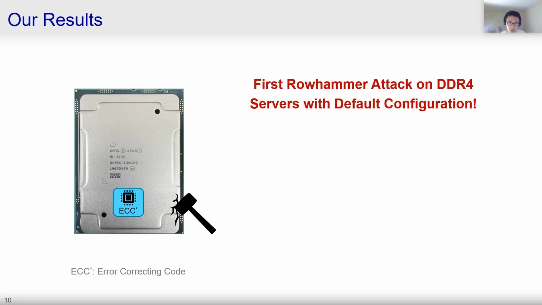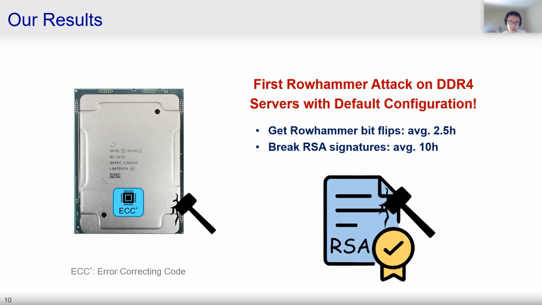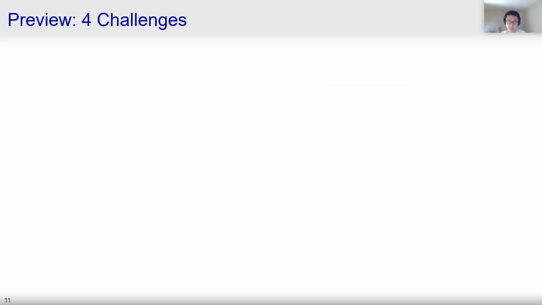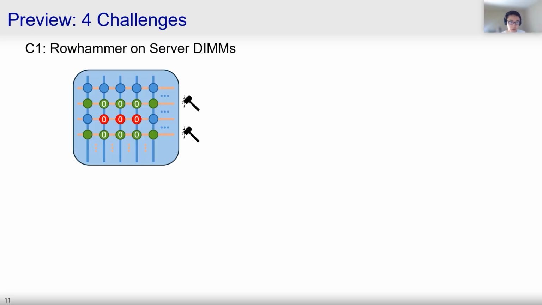What we achieved is that we can get Rowhammer bit flips in 2.5 hours on average and break an RSA signature in 10 hours on average. To get our results, we were faced with 4 challenges. First, since there's no prior research on DDR4 server DIMMs, we need to get some bit flips using Rowhammer on DDR4 server DIMMs.